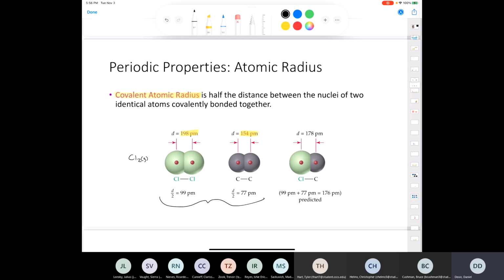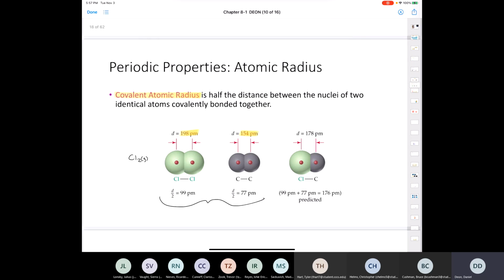So when it comes time to predict the bond length between these two elements, carbon and chlorine, which we see all the time in organic chemistry, how do you predict that bond length? Well, you take the radii of each of the atoms and you simply add them together. And so this is where bond lengths come from, if you've ever wondered.